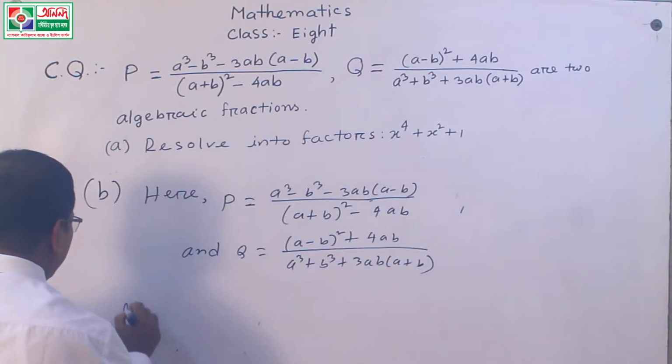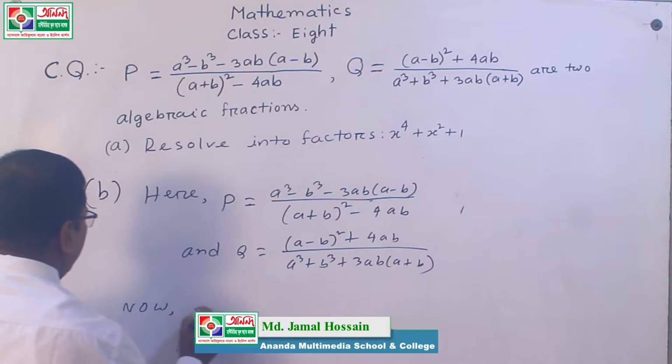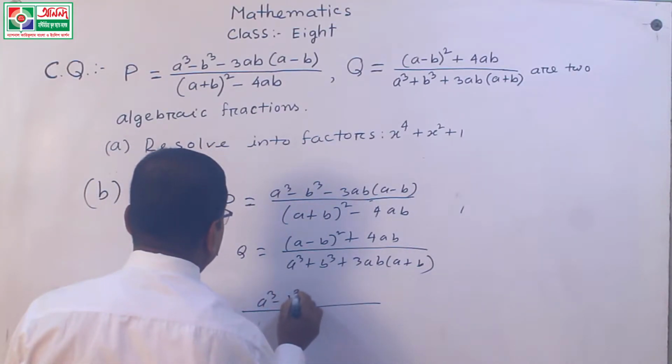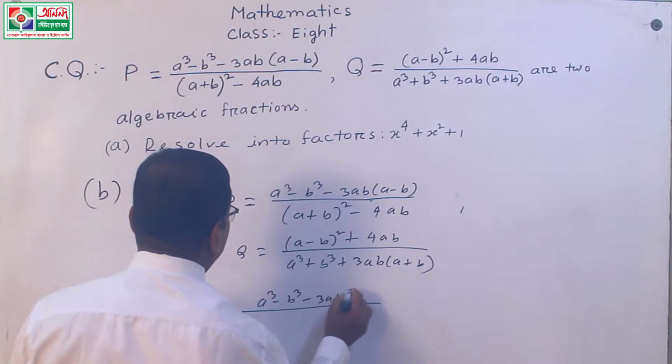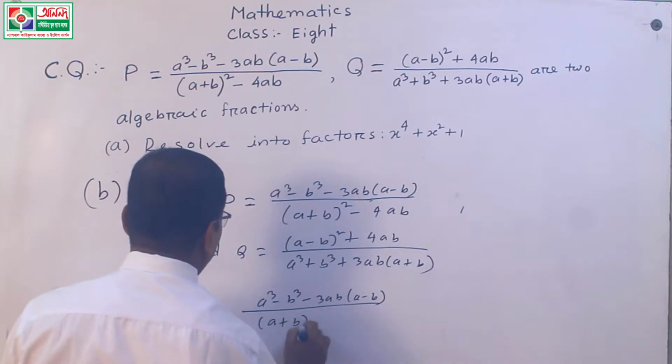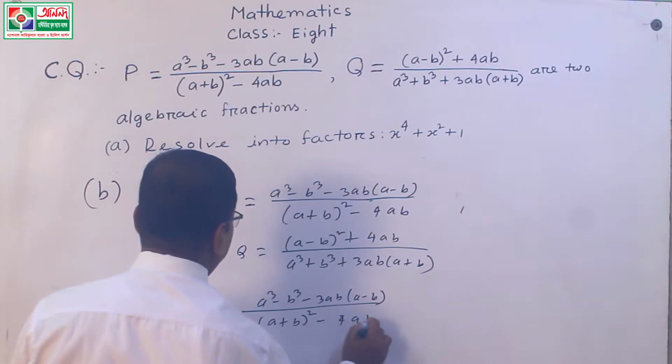Now P equals (a cube minus b cube minus 3ab into (a minus b)) divided by ((a plus b) whole square minus 4ab).